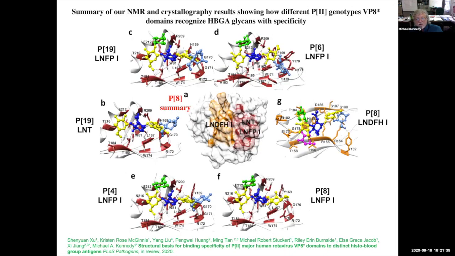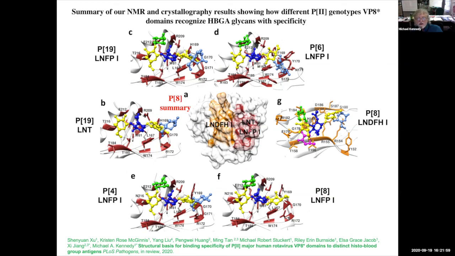And now we're able to really compare in great detail P8's binding interactions. And one thing that's quite interesting is if we look at P8, it also binds to the Lewis negative glycan over here.